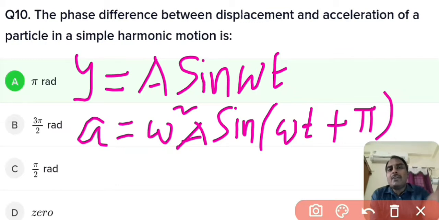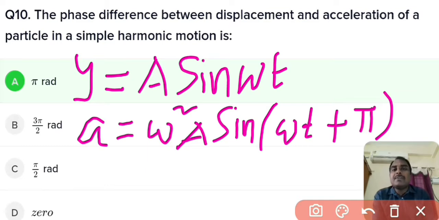Now in the displacement equation y equal to A sine omega t, inside the sine function, omega t is the angle, and that angle is called the phase angle. Next, in the acceleration a equal to omega square A sine (omega t plus pi), omega t plus pi is the angle, which is called the phase angle of acceleration.